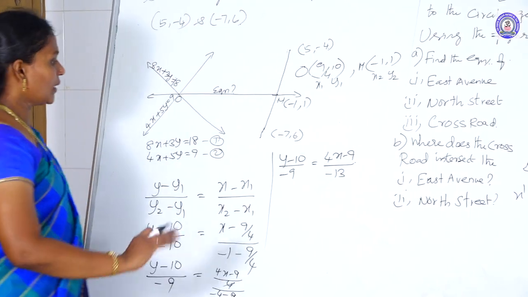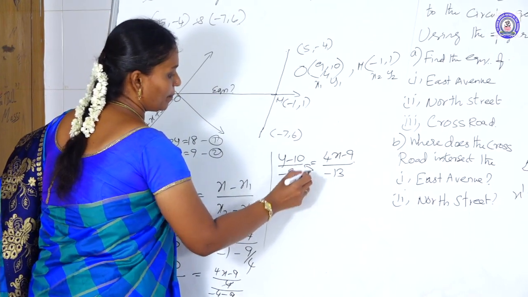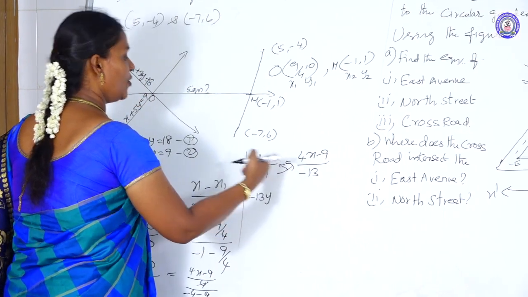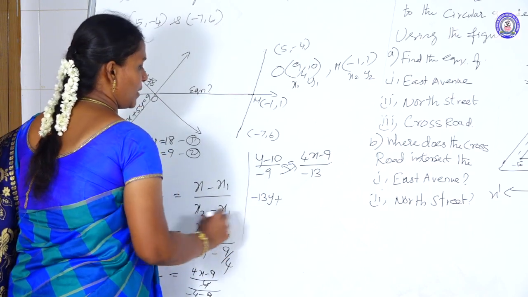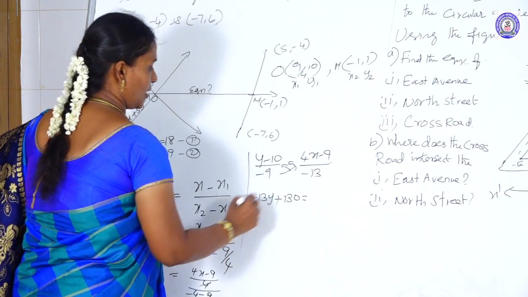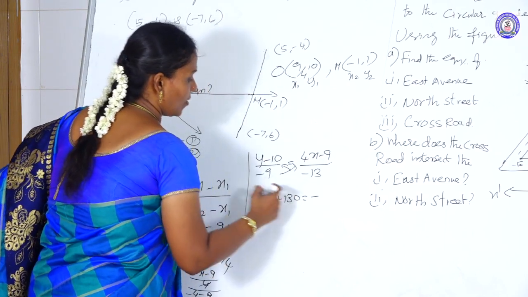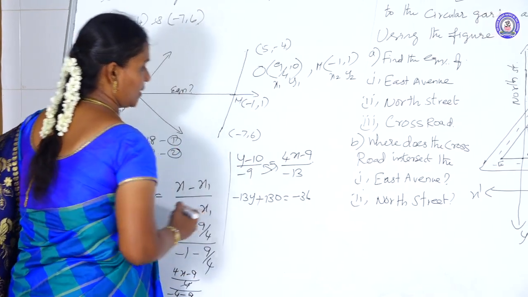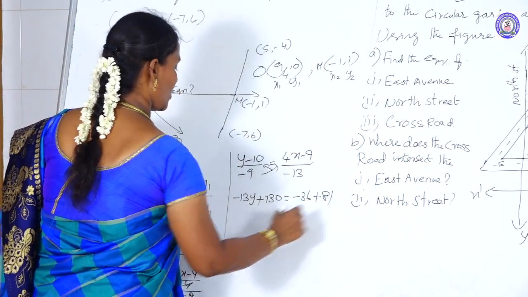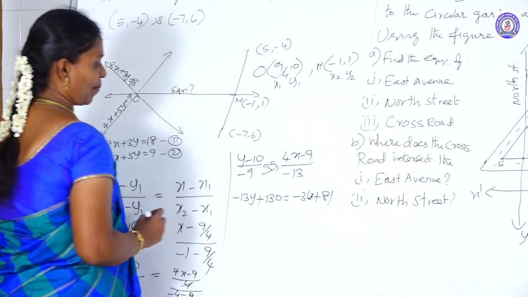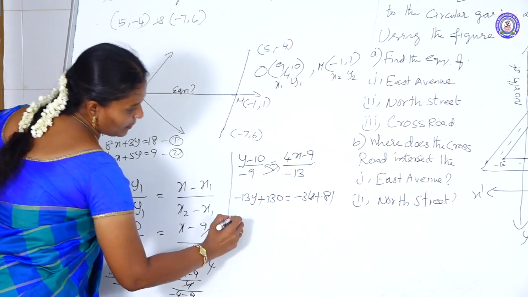Now do the cross multiplication: minus 13y, here minus 13 of y minus 10, that is minus 13y plus 130, equal to minus 9 of 4x minus 9: minus 4 9s are 36, then minus into minus plus 9 9s are 81, so 36x. This is the negative sign, so bring it to the left side, that becomes positive.